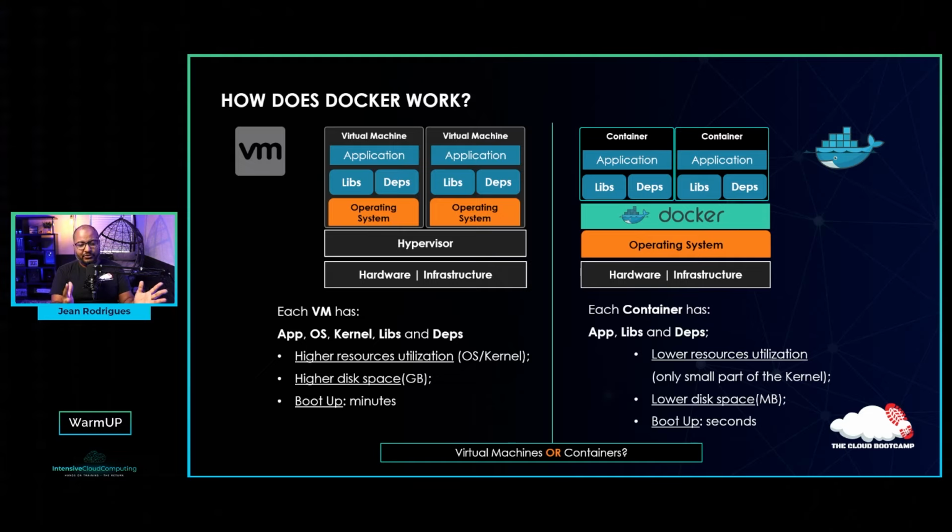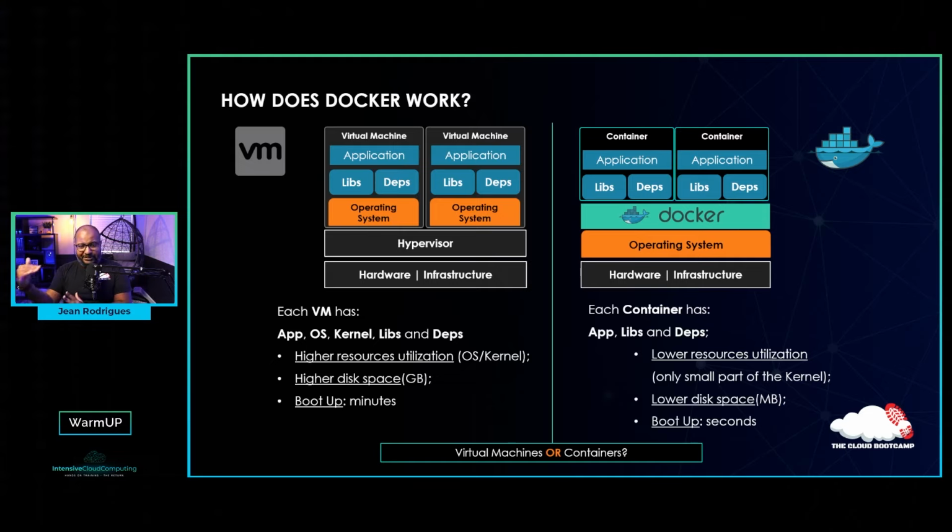Okay, so with that, you see that virtual machines and containers are different from each other, because containers allow companies to deploy applications going forward in a much faster and much more cost-effective way.